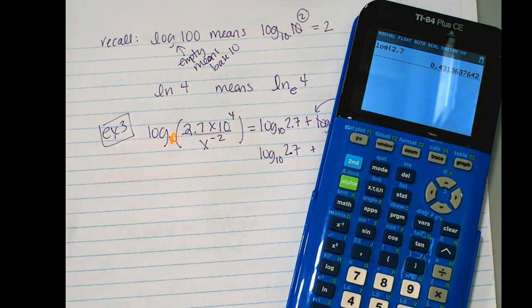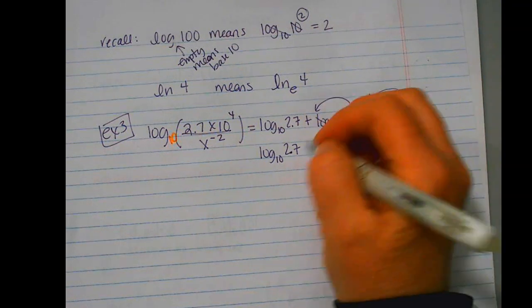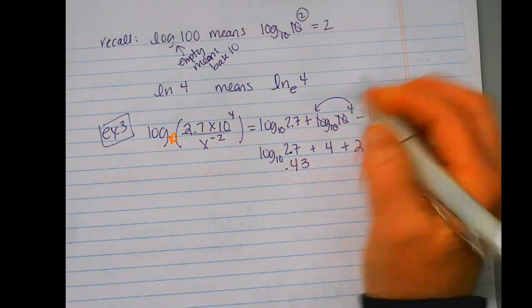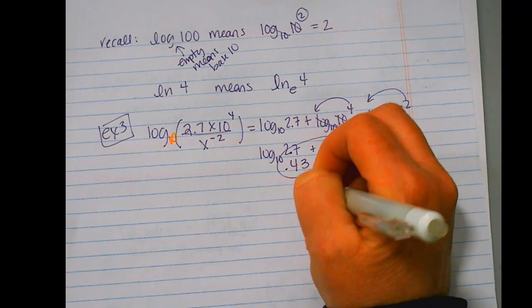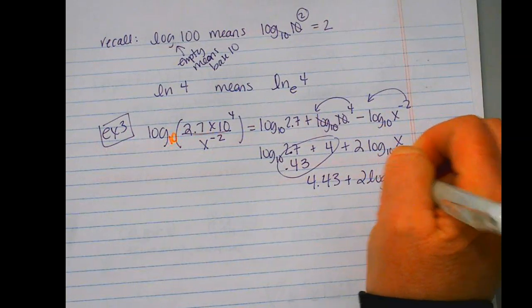But I want that to make a little bit of logical sense instead of it being like math magic where the calculator's like, ooh, it's 0.4. At least you know it's less than 1 because the power of 1 doesn't make sense. So if we wrote this out as 0.43, we could actually say that this simplifies to 4.43 plus 2 log base 10 of x.